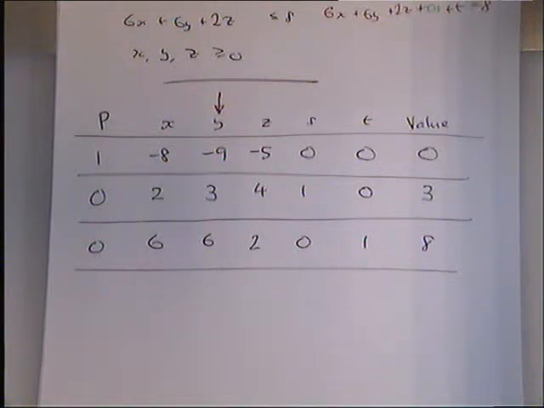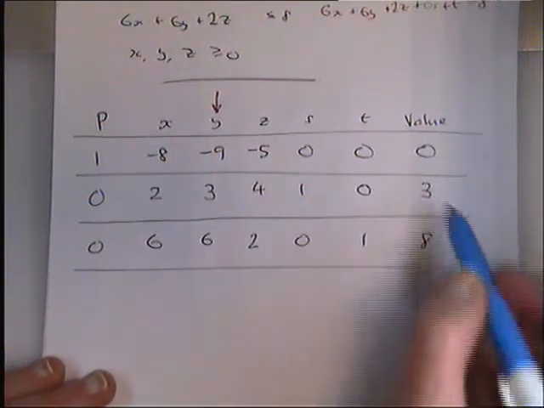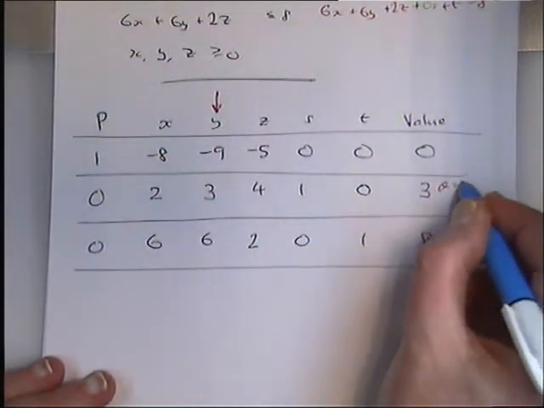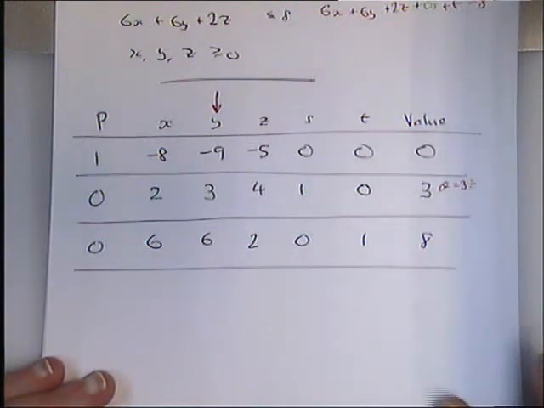Now I've identified my pivotal column, I need to find my pivotal row. So I've got to do some calculations. Can anybody remember what calculations I do now to find my pivotal row? This is where I do those theta values. Can you remember what they are? Is it the value at the end over the value in the pivotal column?